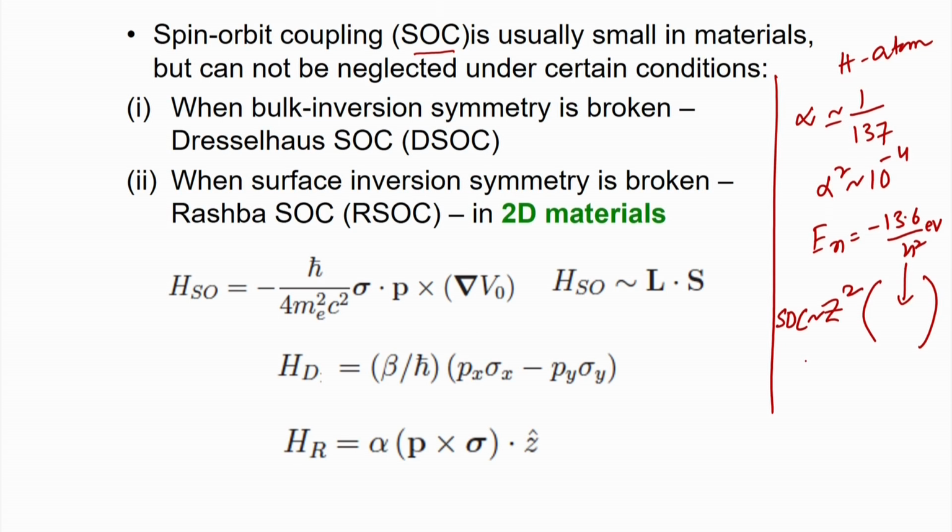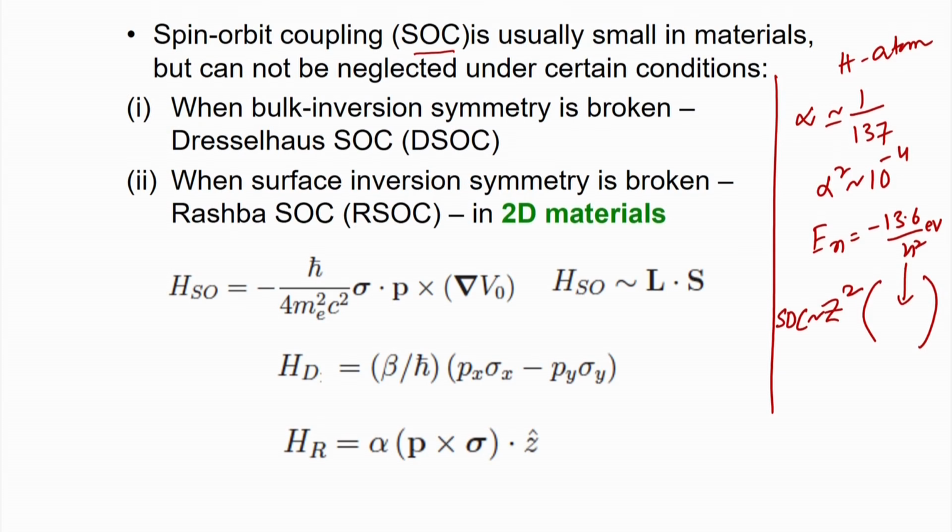However, in real materials which are not atoms, the spin orbit coupling can still be very significant, so much so that it cannot be neglected. So, there are a number of reasons that spin orbit coupling arises in real materials. One of them is when the bulk inversion symmetry is broken.